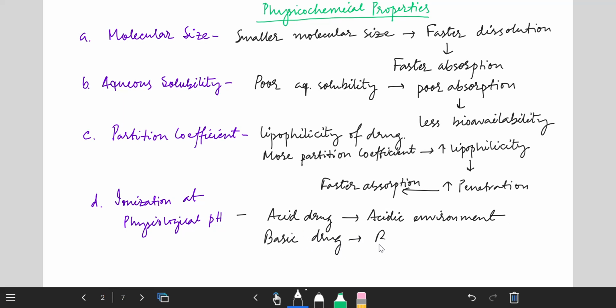Now, what are the biological properties?